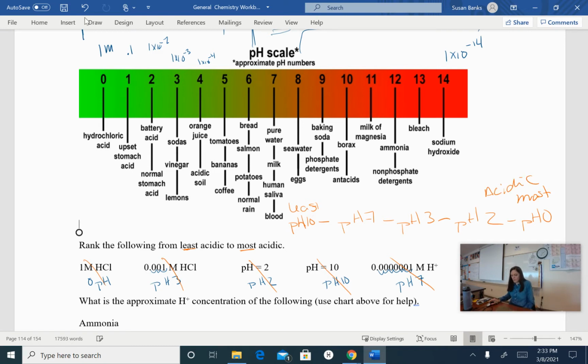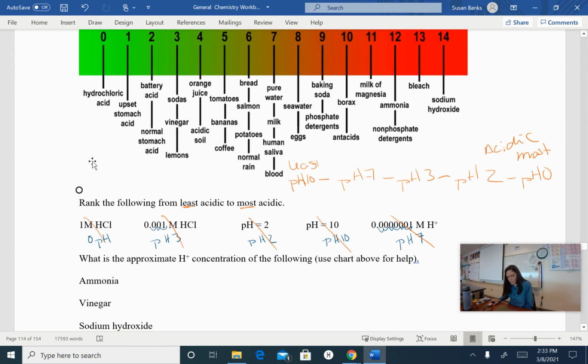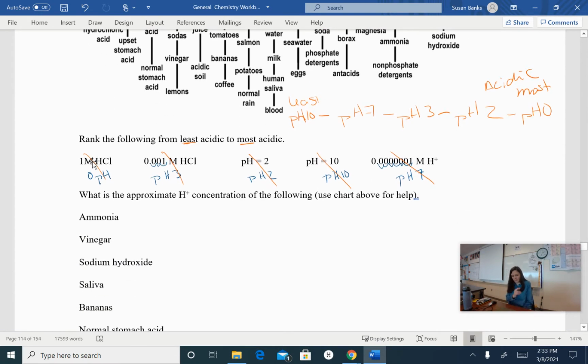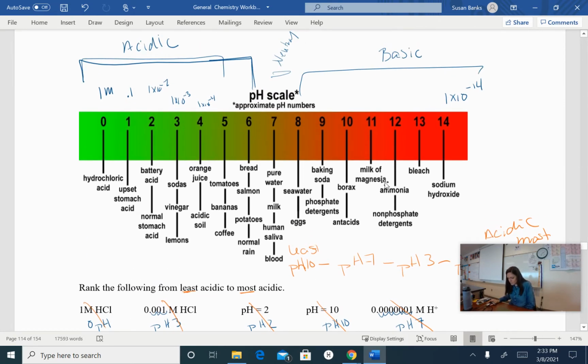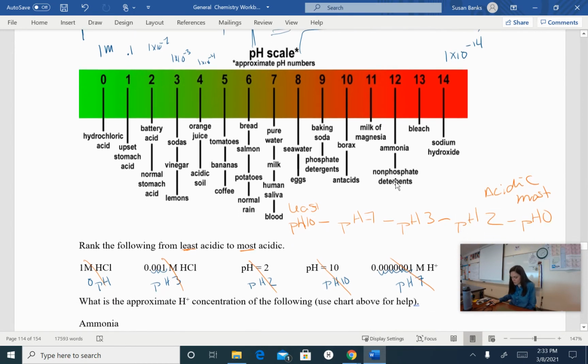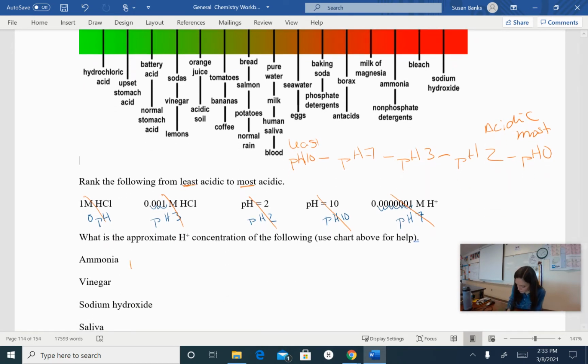All right, so what is the approximate hydrogen ion concentration of the following? If I look at ammonia, we're at a pH of about 12. So a pH of 12 would give me a hydrogen ion concentration of 10 to the negative 12.